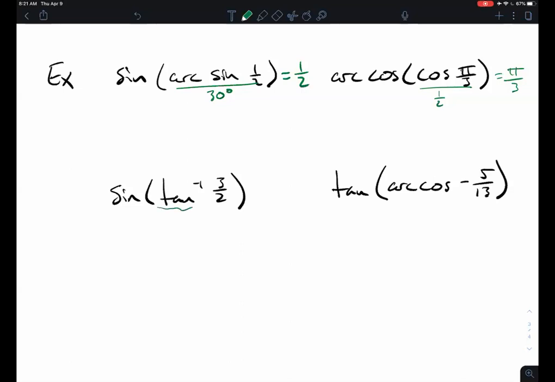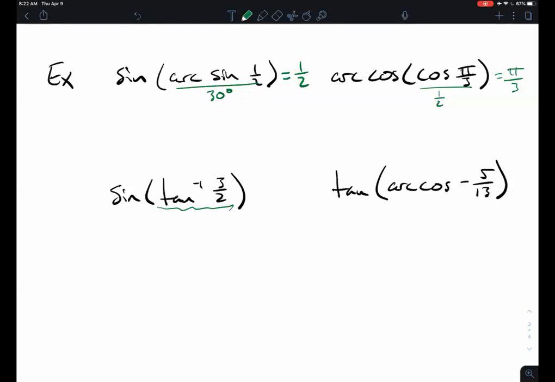Because the inside here says tan inverse of 3/2. So what that question is asking is, what angle of tangent gets you the ratio 3/2? Does anyone know that? If anyone knows that answer, you can unmute yourself and let me know. But I don't know.